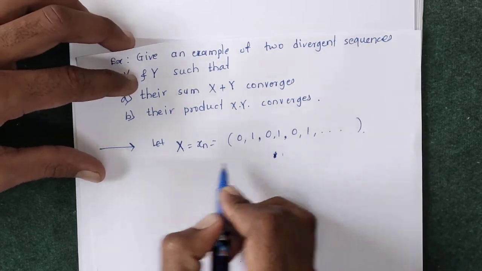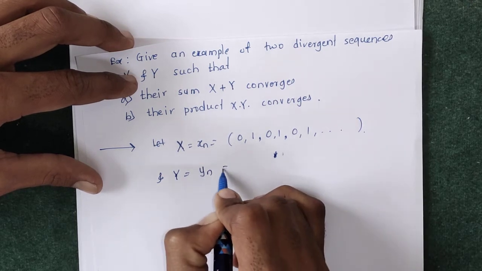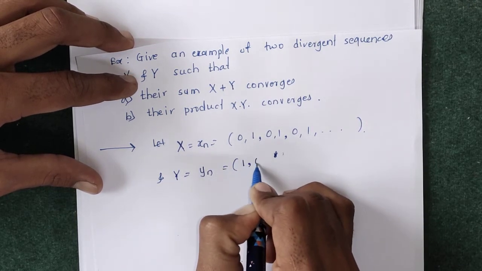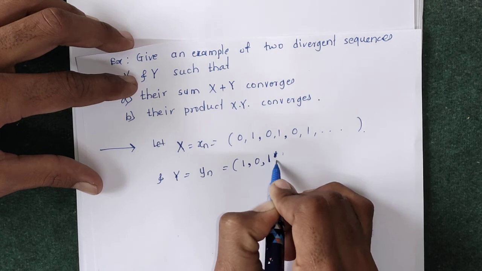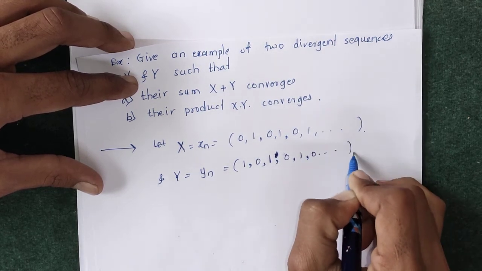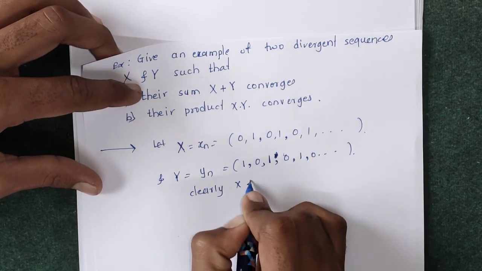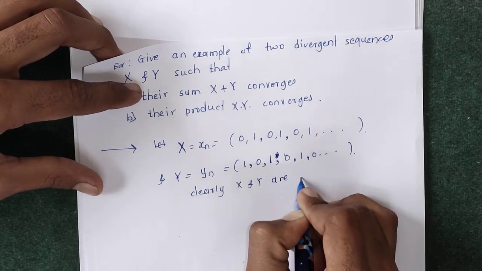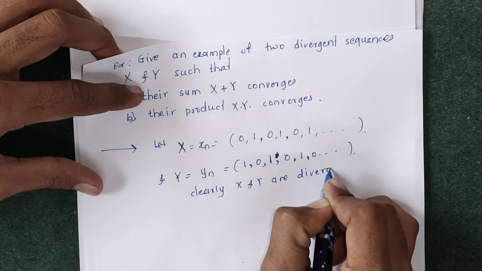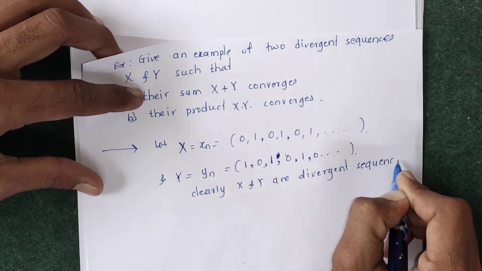xn is equal to this, and suppose yn equals 1, then 0, then again 1, 0, 1, 0 and so on. Clearly both the sequences are divergent, because their limit does not exist.